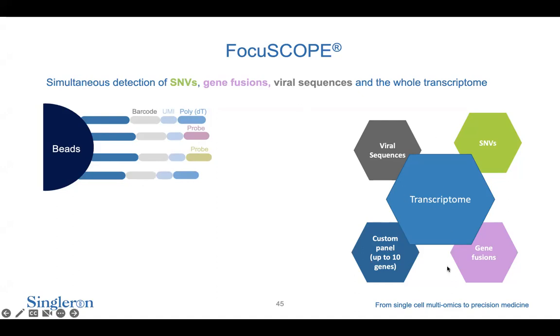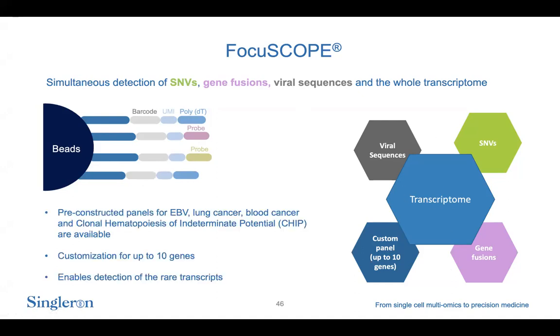So with this method, we already have pre-constructed panels for the Epstein-Barr virus detection, lung cancer, blood cancer, also for the clonal hematopoiesis of indeterminate potential. But you can always create your customized panel of up to 10 genes in case you are interested in sequences which lie further away from the 3' end.